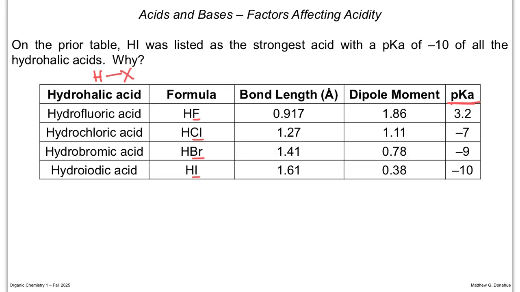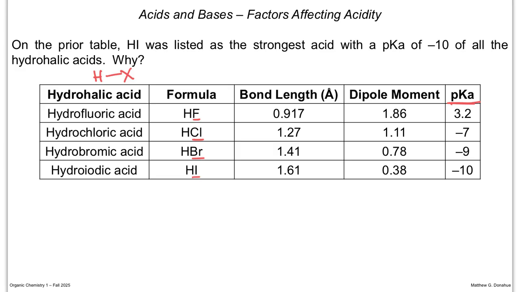They don't have the best orbital overlap to begin with. And so you can think of HI as like H plus and I minus to begin with. And then HF is more of a polar covalent bond. So it's that bond length, then how much the electrons are shared.